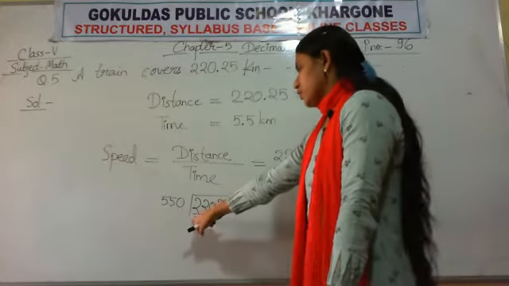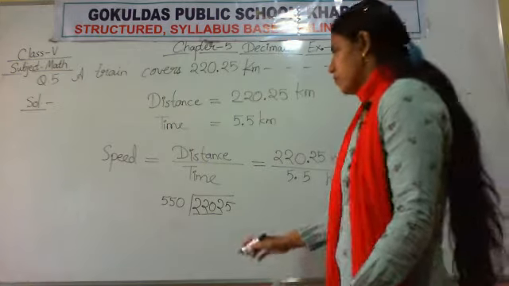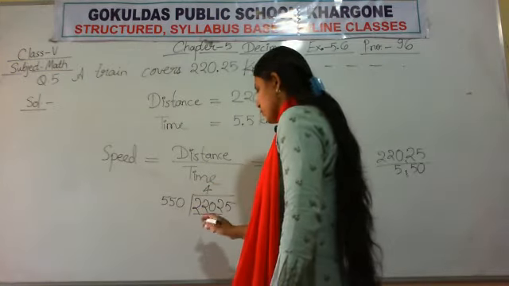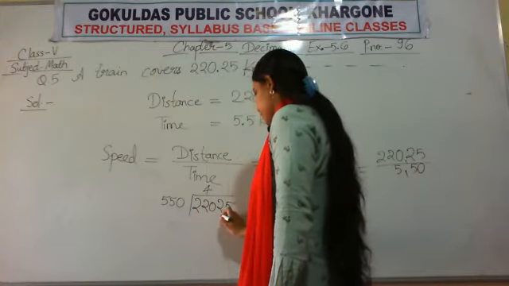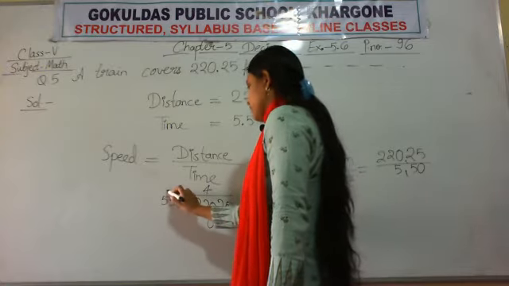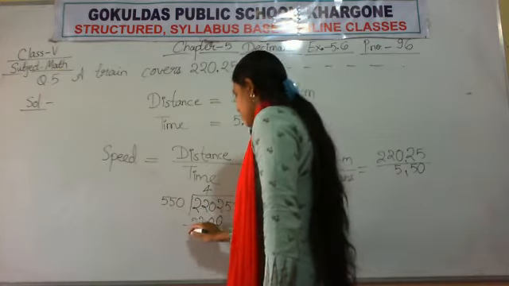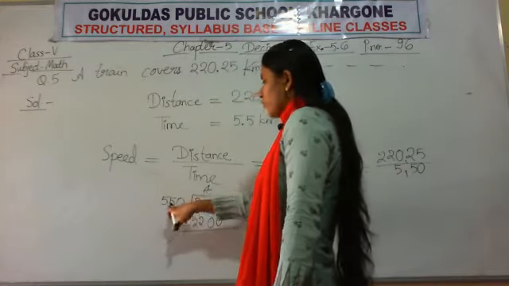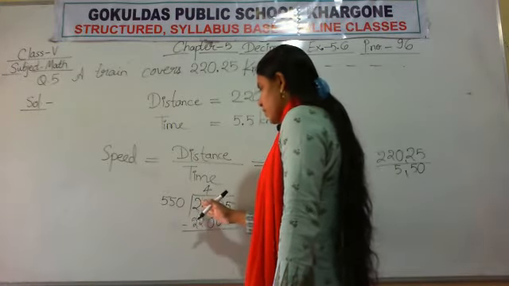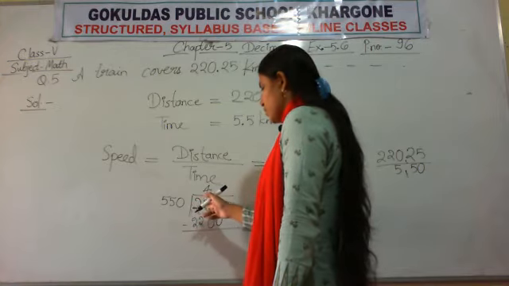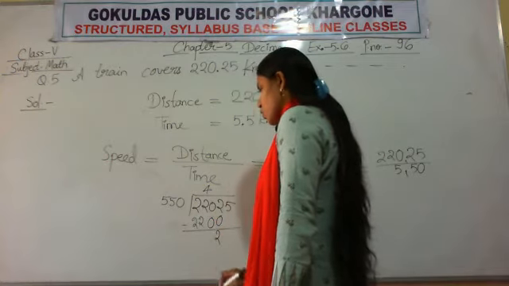So we will take 2202 for division. 550 4s are, so when we multiply 4 with 550, our result is 2200. Now subtract this. 2202 minus 2200, your result is 2.